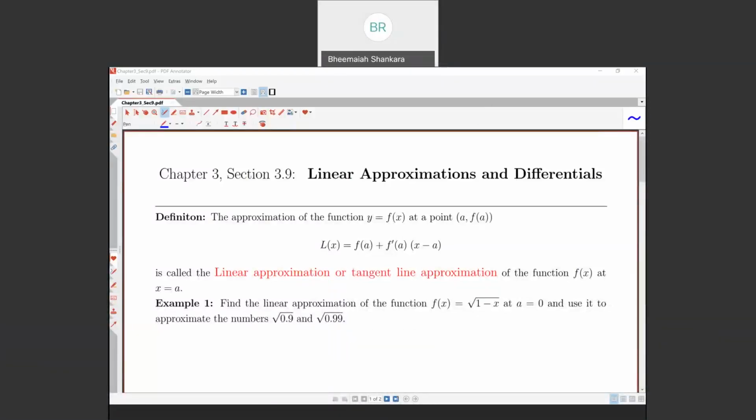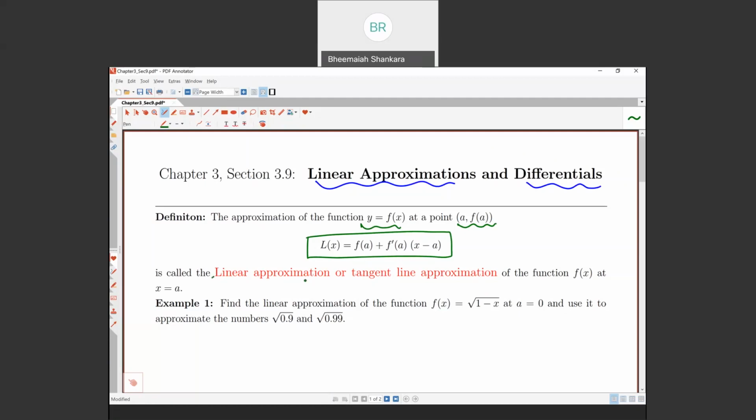In this lecture, we will learn about linear approximations and differentials. The approximation of a function y equals f of x at a point a is given by this formula. L of x, L for linear approximation, is f of a plus f prime of a times x minus a.